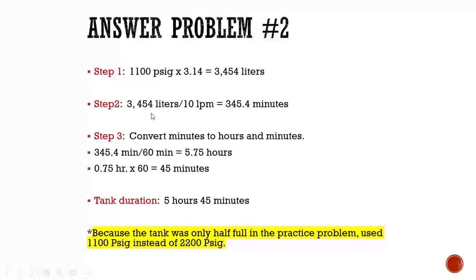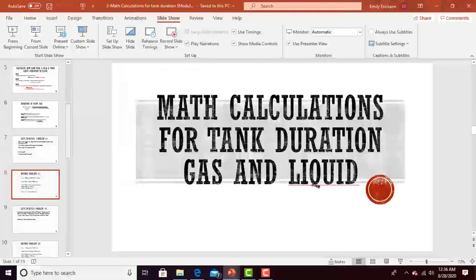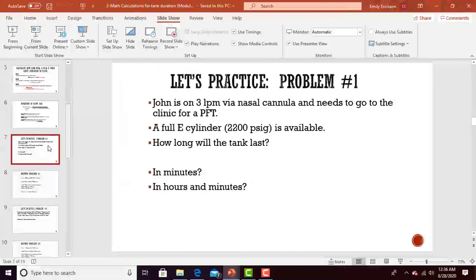We're going to take that liter total and divide it by 10, because this patient requires 10 liters per minute. That gives us 345.4 minutes.